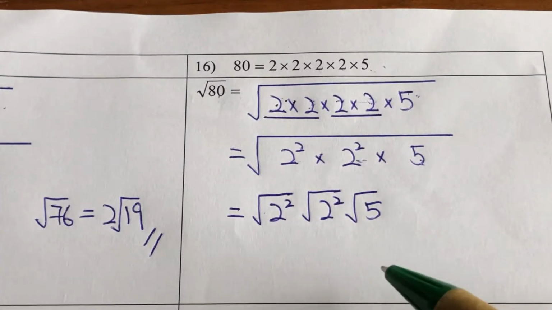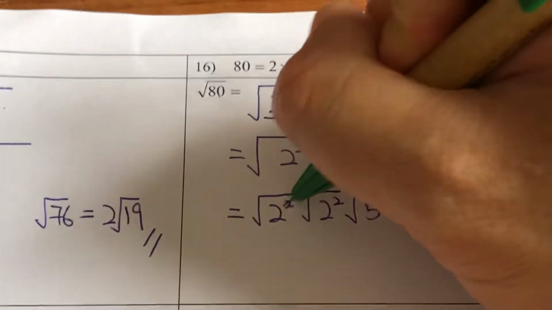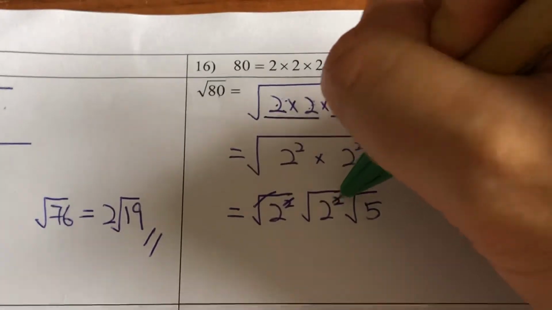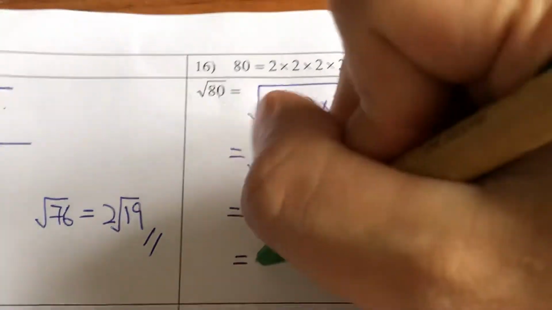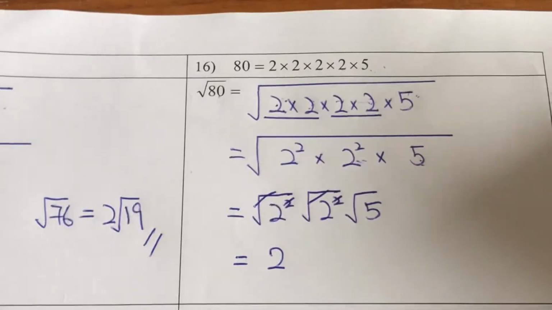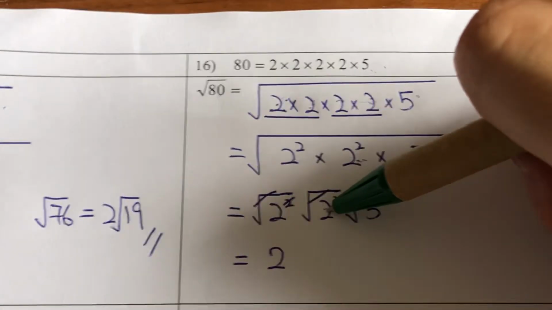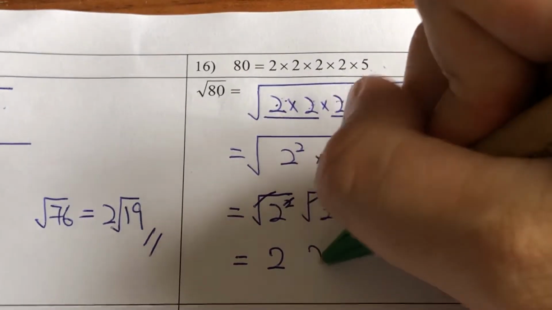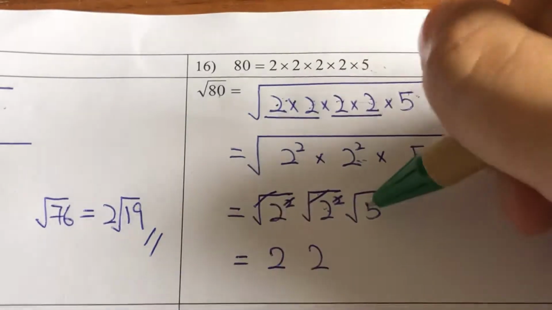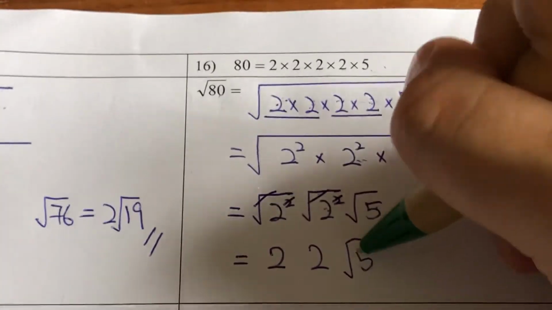And now, anything that we could cancel? Square and square root. Square and square root. With the square and square root, we have 2 only left behind. And here in the middle term, the same. Square and square root cancel out, so we have 2 left behind. And finally, this is square root of 5.